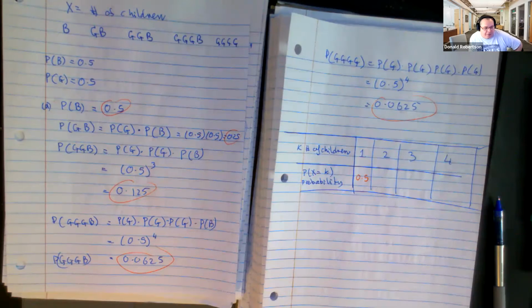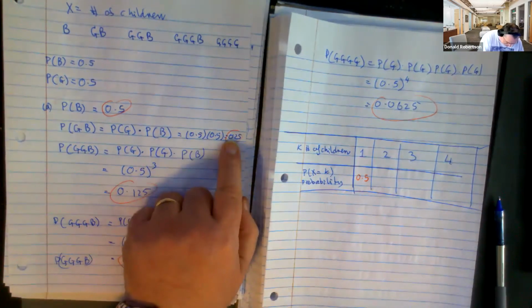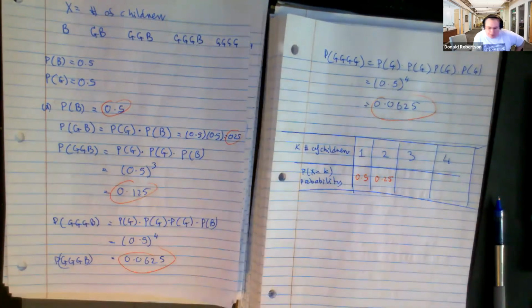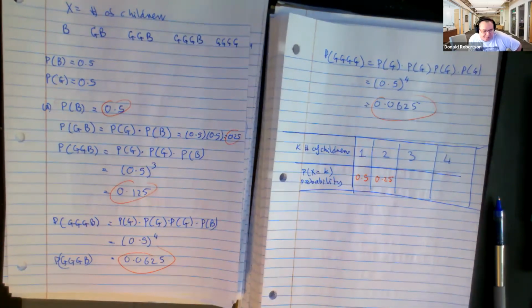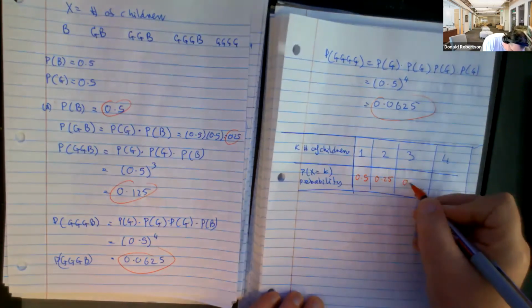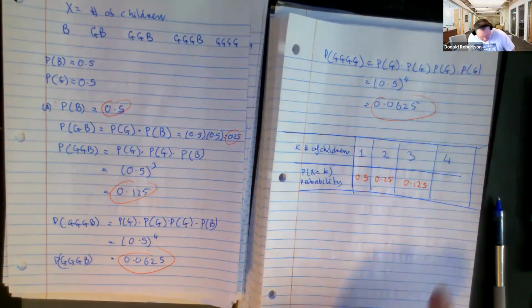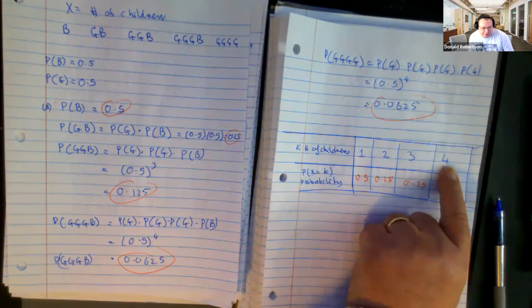Two children in our family. 0.25. This one here. Agreed. What about 3 children? 0.125. Okay. Now, the last one is 4 children in the family.